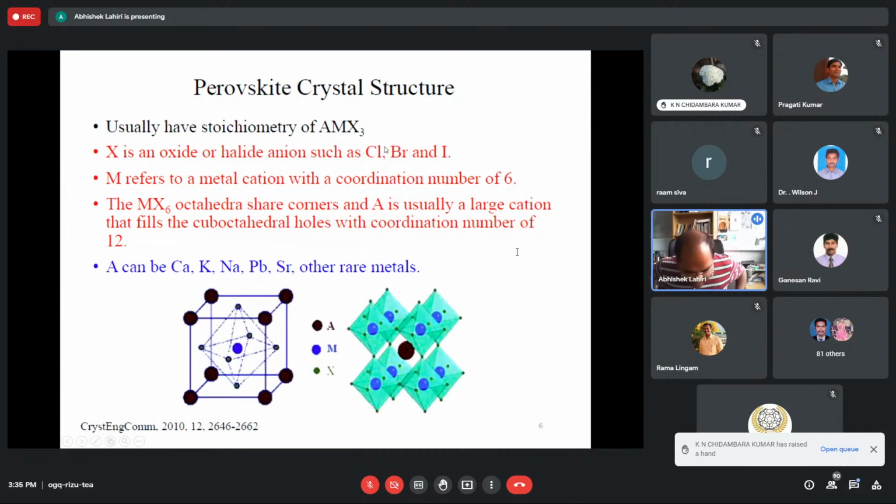Some of the very stable perovskite structures are calcium titanate. And if anybody has visited Kerala beach, the material on the beach is called ilmenite, which is FeTiO3. This is another basically perovskite structure where the TiO6 octahedra is present in the crystal structure, and it is basically a stacked structure with iron at the interstitial sites.